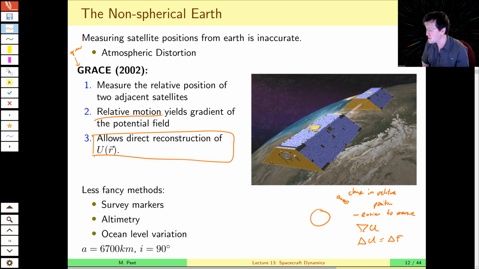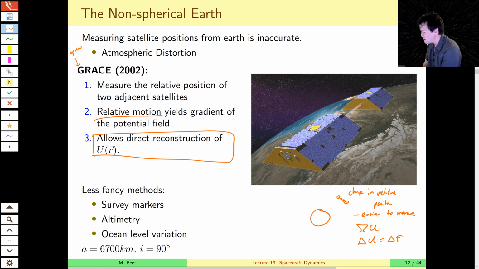The methods that we describe in this lecture and the methods described in Press and Conway are based on the assumption that we can measure the gravitational field and fit it to data, and that data more or less comes from this GRACE project.